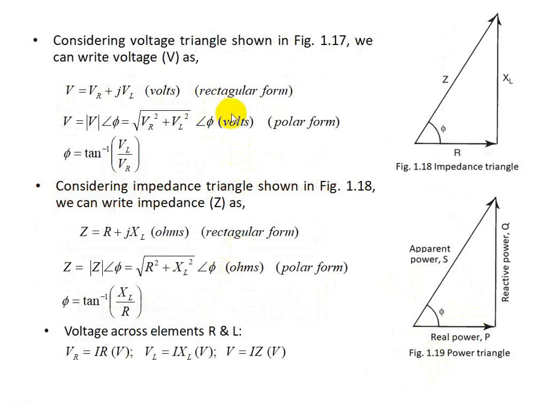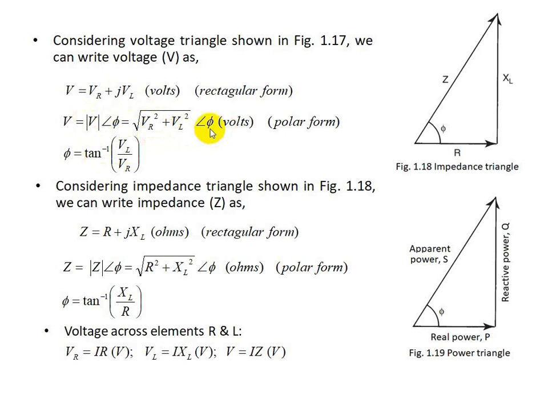So from the voltage triangle, we can write V as VR plus j VL. This is the horizontal component, this is the vertical component. In polar form, it can be written as V equal to the magnitude, which is the square root of VR square plus VL square, at an angle phi.